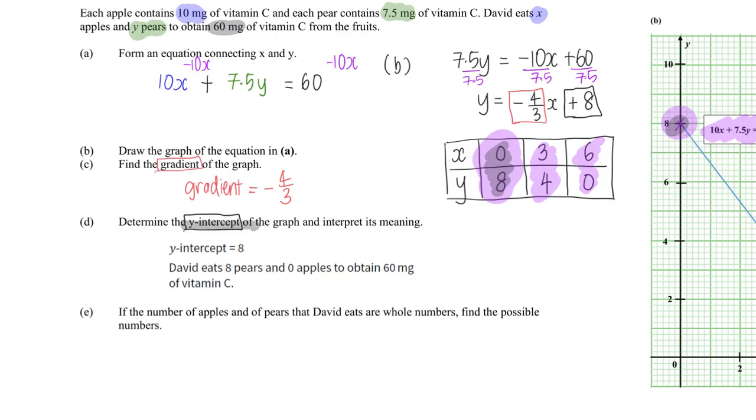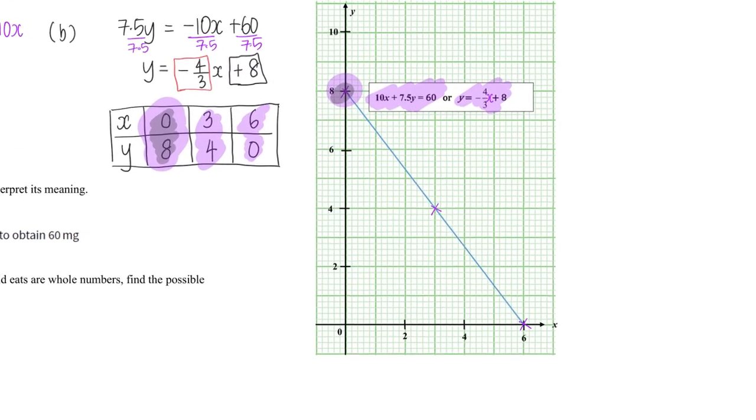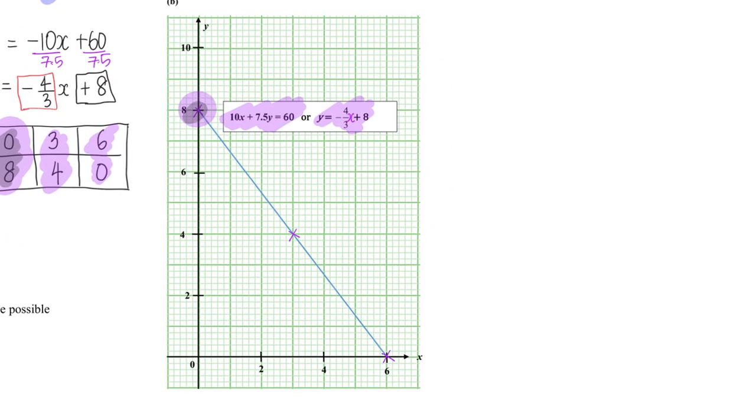And if the number of apples and pears that David eats are whole numbers, find the possible numbers. So this one we can just look at the graph and we can easily find the answer. Of course, we already know this point here can. This also can. This means that x is 6 apples, 0 pears.